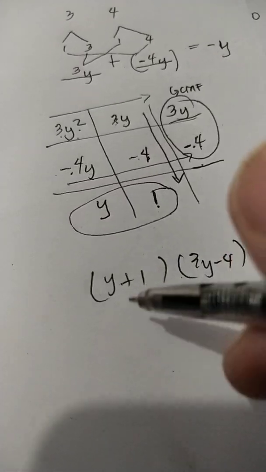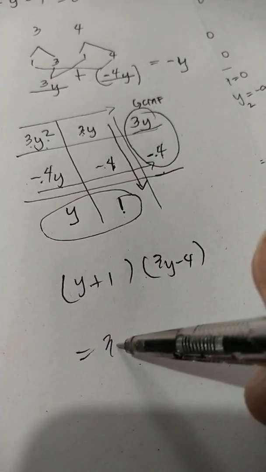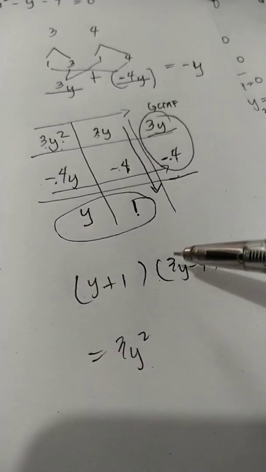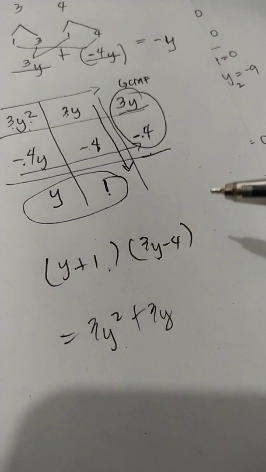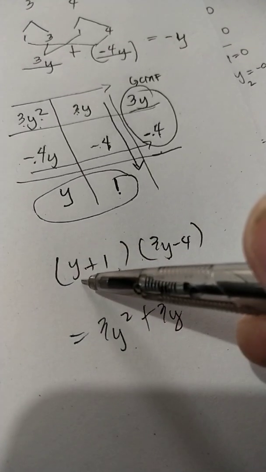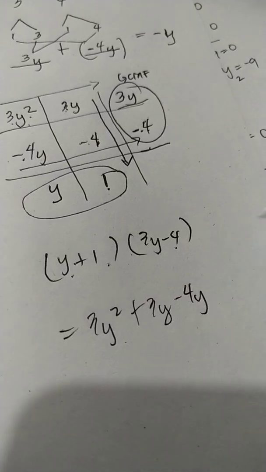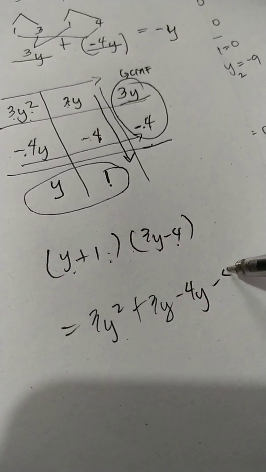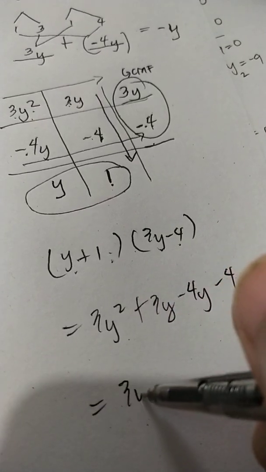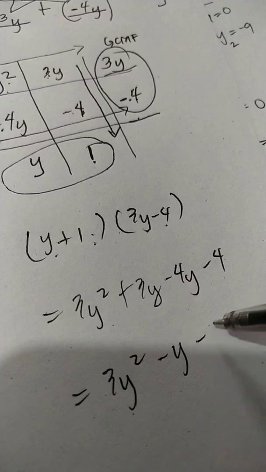So we have y times 3y, we have 3y squared. 1 times 3y is positive 3y. Y times negative 4 is negative 4y. 1 times negative 4, we have negative 4. 3y minus 4y is negative y, minus 4.